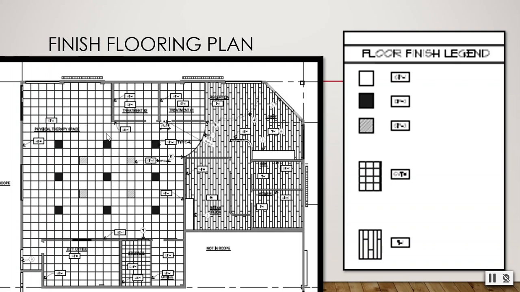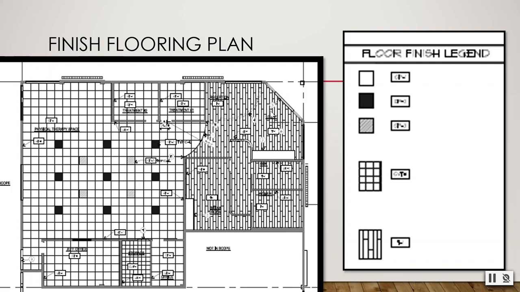Here we have carpet tiles, and I have inset carpets of different colors, which can be seen on my floor legend. As we continue through the space, the carpet goes throughout this whole space, but in the storage room, we're using a vinyl composite tile, very inexpensive little 12 by 12 sheets of vinyl.